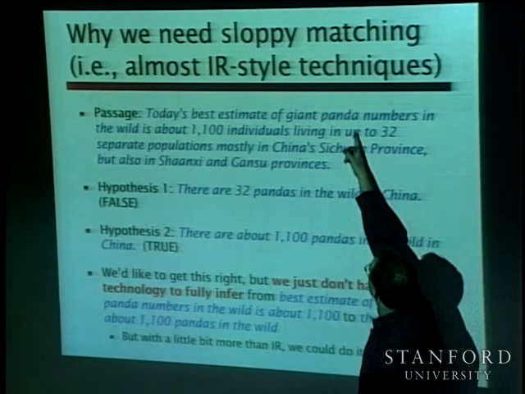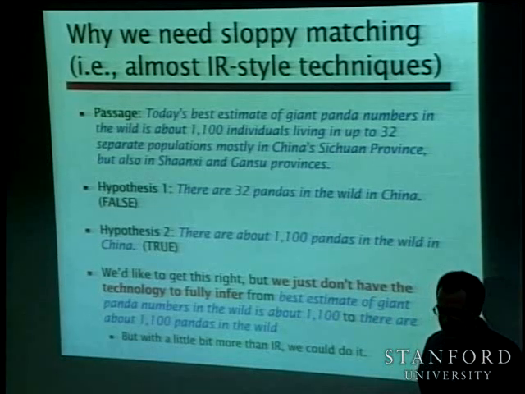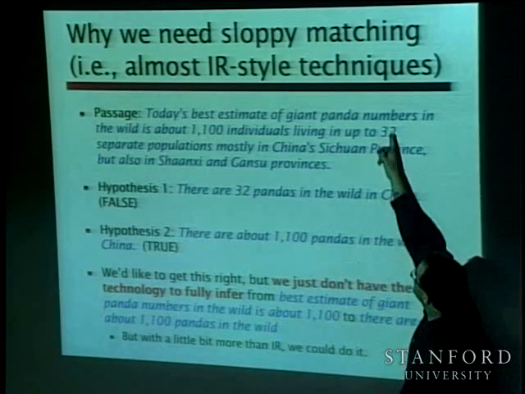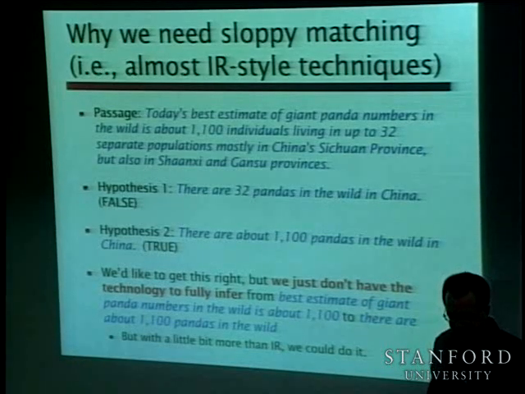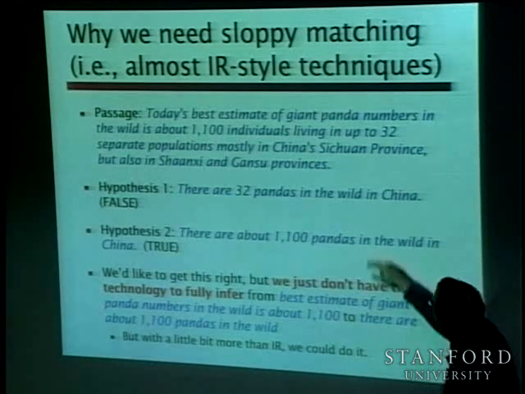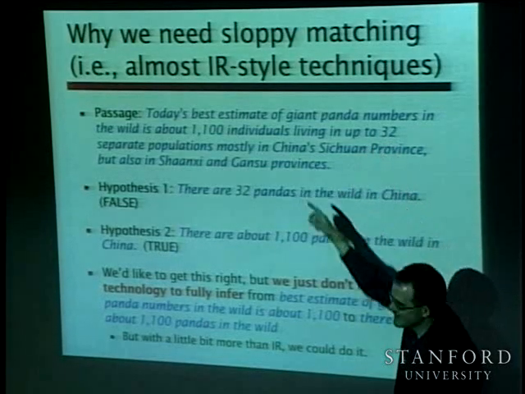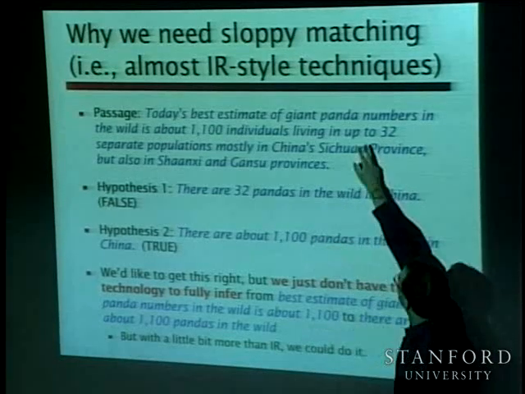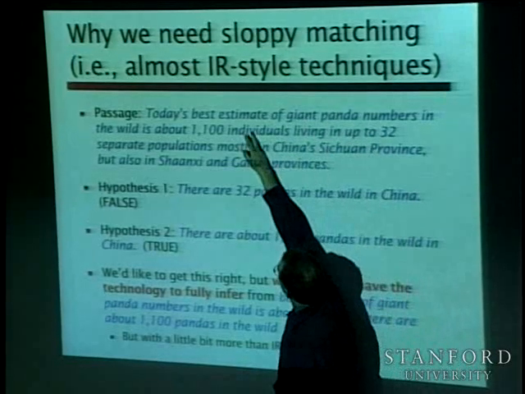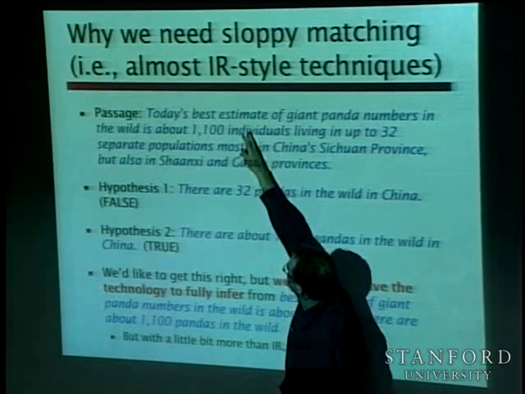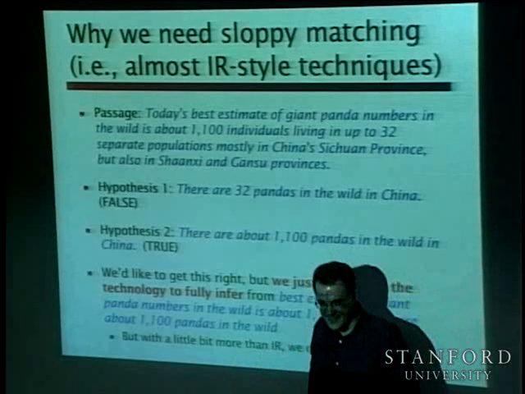Well, there are some pandas over here, but pandas are actually a modifier of the word numbers. So it's panda numbers, whatever those are. That depends on your compound noun processing. But it's not that it's saying that panda numbers is 1,100 individuals. The panda numbers, in turn, is the prepositional phrase modifier of an estimate. So it's the estimate that's 1,100 individuals.